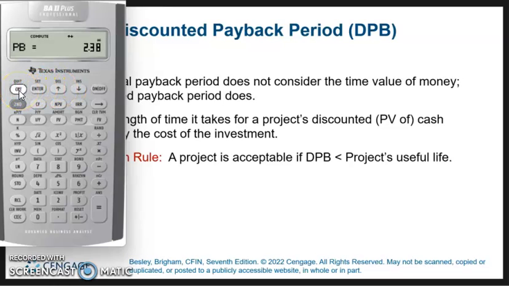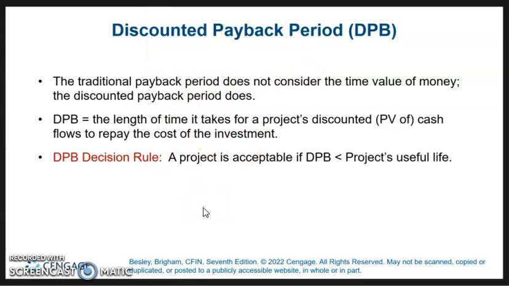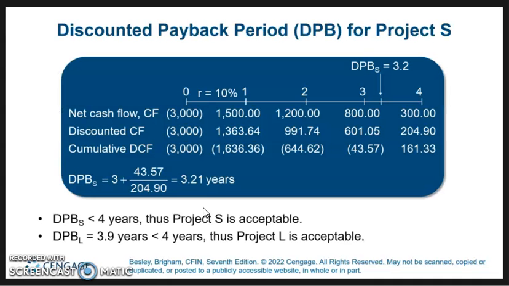Payback period, we compute 2.38 years, or 2.4 years is what the book calculated. Then down below, one down arrow, we have discounted payback period, and that's 3.21 years. The calculation is the same, except we discount the cash flows at the required rate of return.